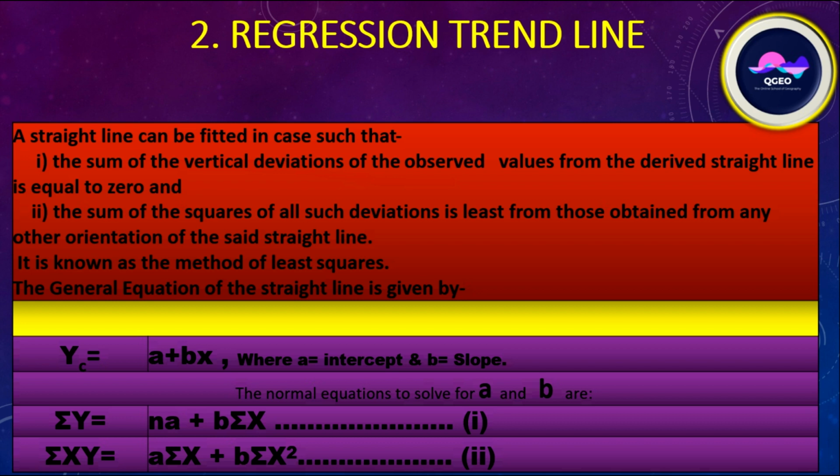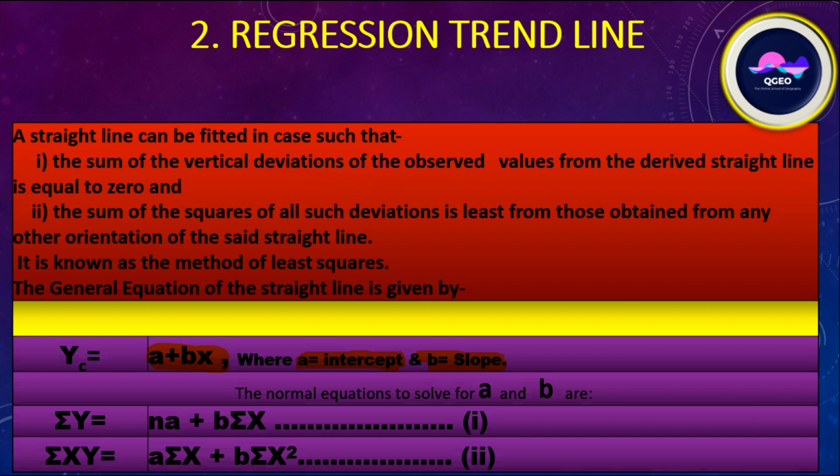The general equation of the straight line is given by yc equal to a plus bx, where a is the intercept and b is the slope.